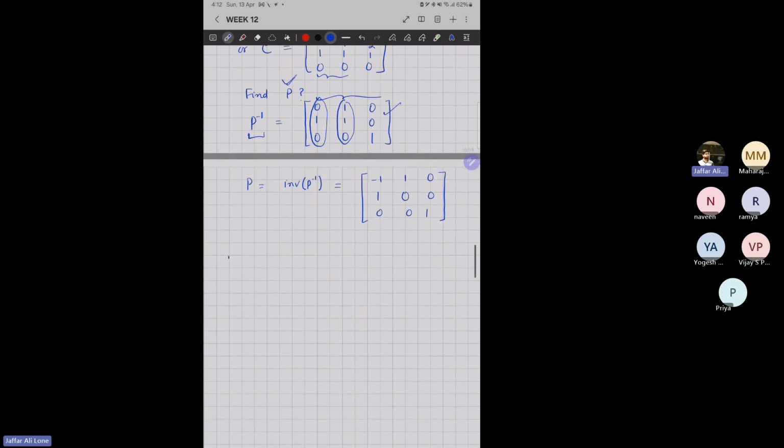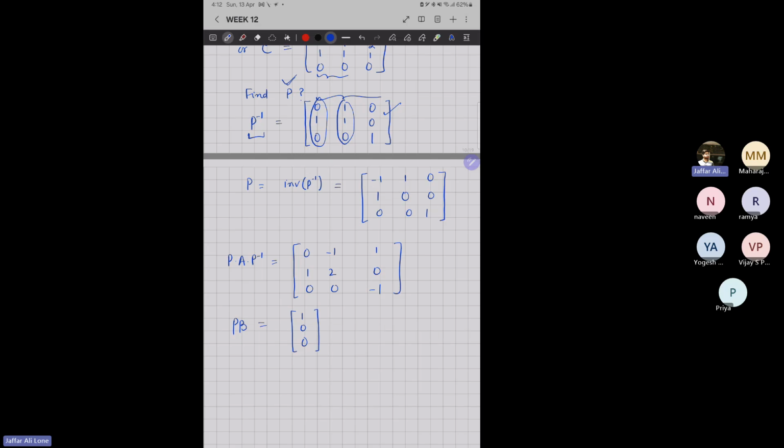You just multiply P into A into P inverse, and you'll get something like this: 0, -1, 1, 1, 2, 0, 0, 0, -1. And your PB is 1, 0, 0.